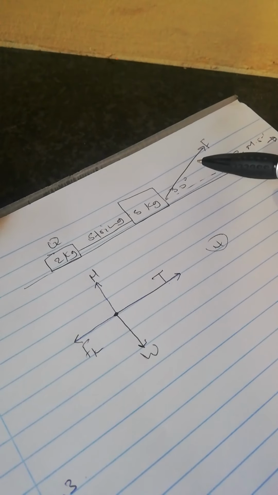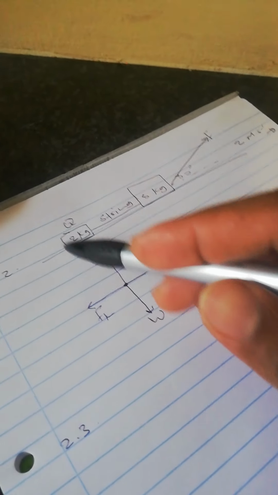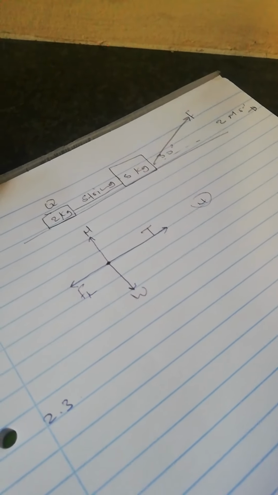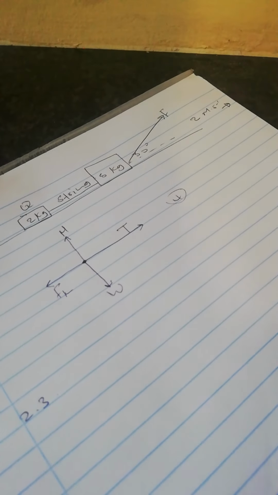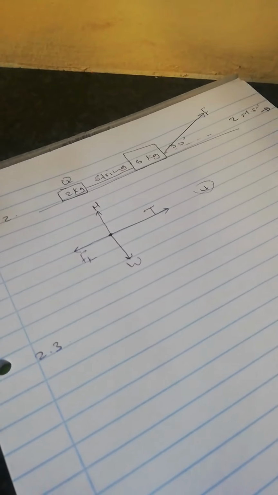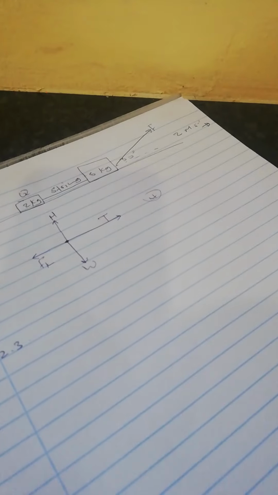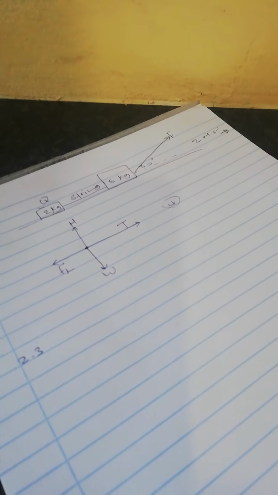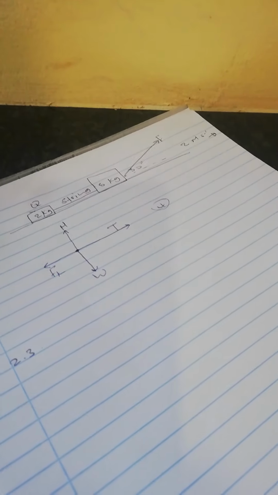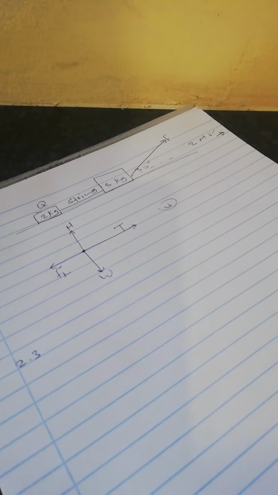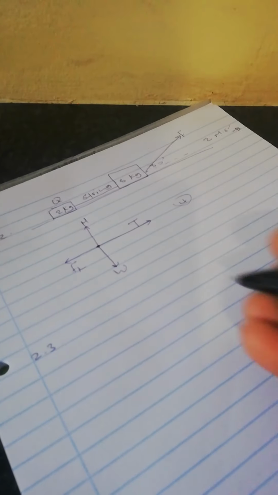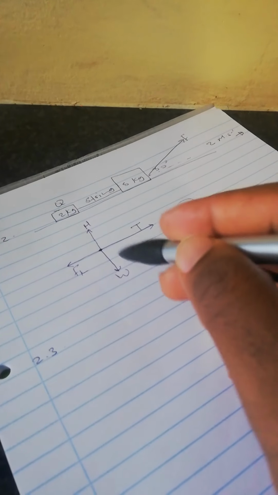So now we want to calculate the magnitude of this force, but in order to get there, we have to start with the 2 kg weight, or with box Q. It will help us to get to force F. Since we have written all the forces acting on box Q, our work becomes easy.